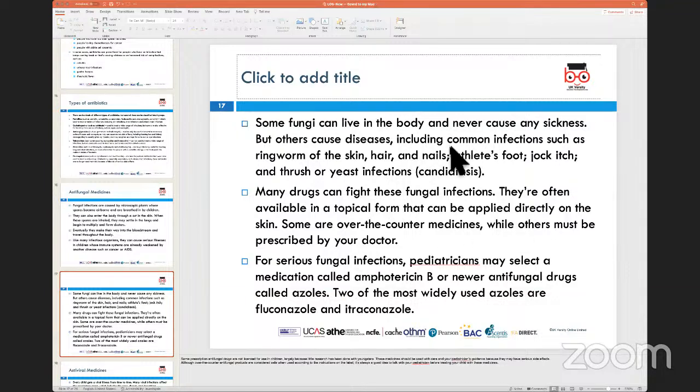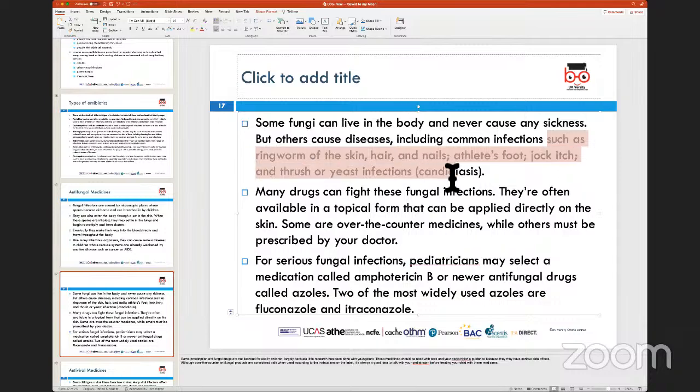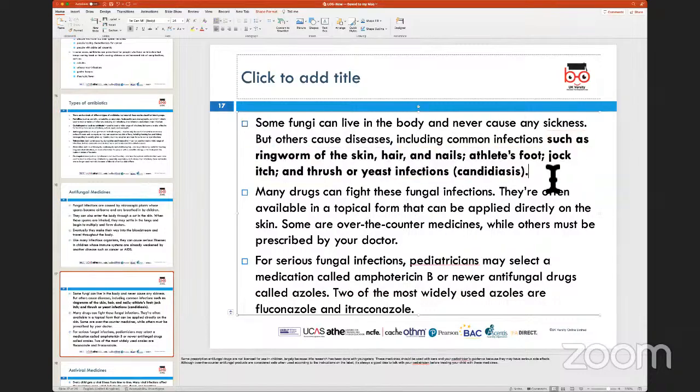We generally see them used in infections such as ringworm in the skin, hair, or nails, athlete's foot, jock itch, and thrush, or a yeast infection. Those would be termed as fungal parasites causing these infections in your body. And there are two widely used types of drugs which are predominantly prescribed for what are called fungal infections, or basically antifungals.